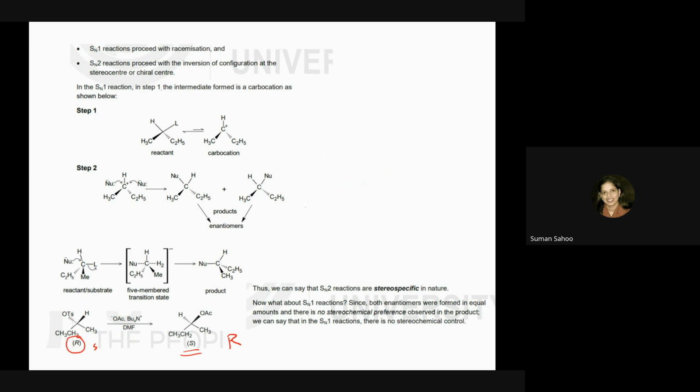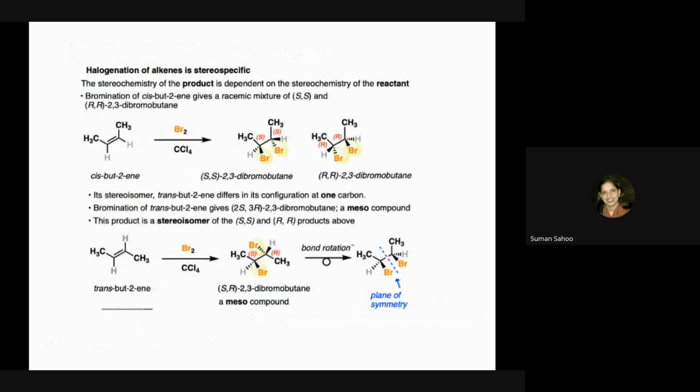But SN2 reaction is stereospecific because only one particular enantiomer forms. We know that this substrate is going to give this one only. So that is very specific. For example, halogenation of alkene is also stereospecific. Cis butene is going to give you a racemic mixture of S,S and R,R. We know that it is specific.